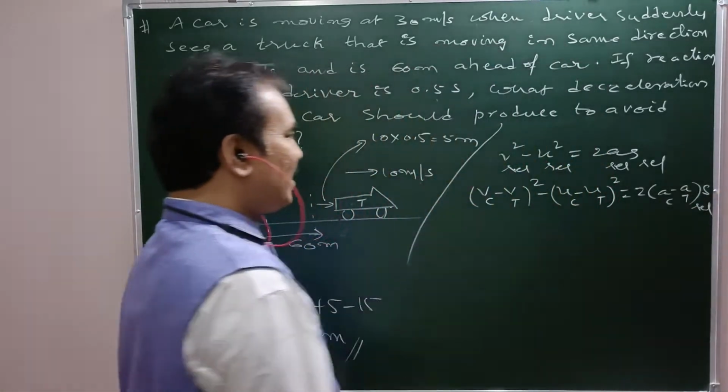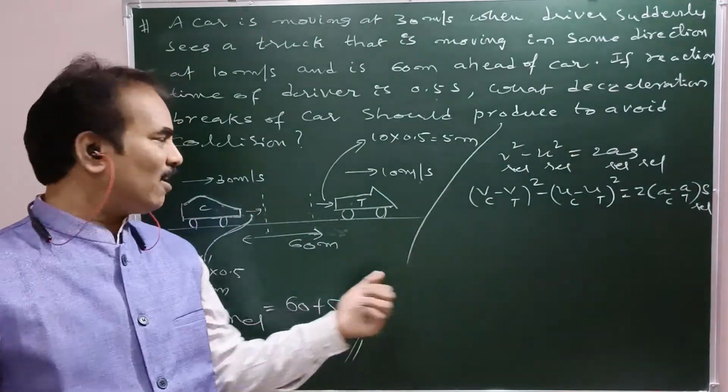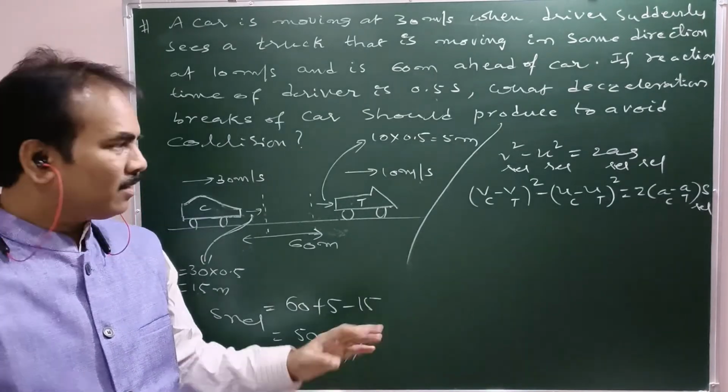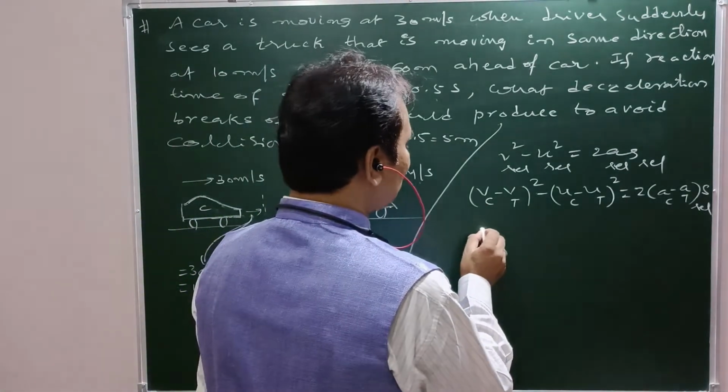What is the final relative velocity of the car with respect to the truck? It has to come to rest, so the final relative velocity is 0.